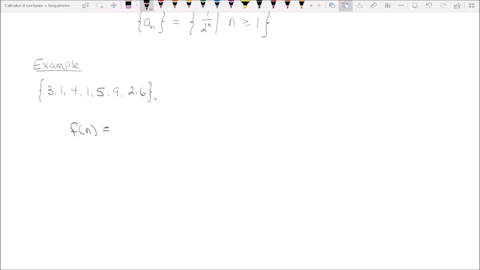I'll give you a few seconds to see if you can figure out what this sequence is representing. Okay. So this sequence is the digits of pi. So particularly f of n represents the nth digit of pi.